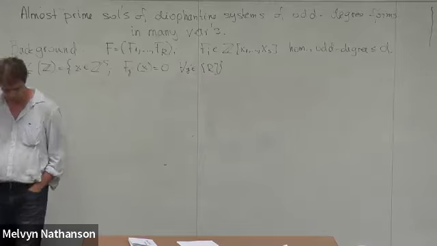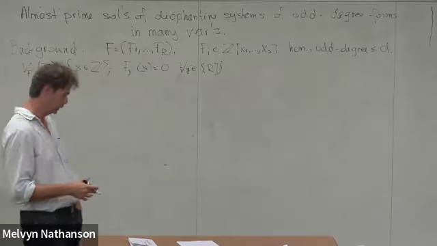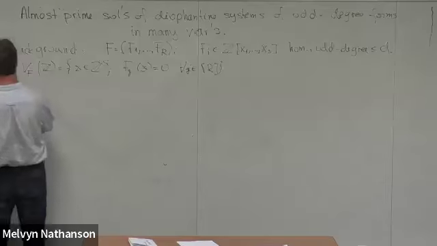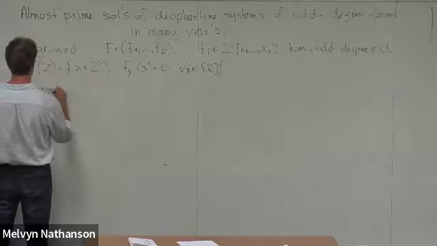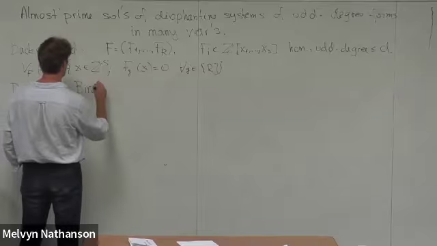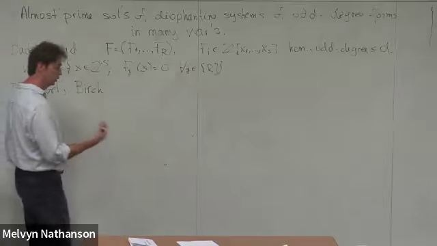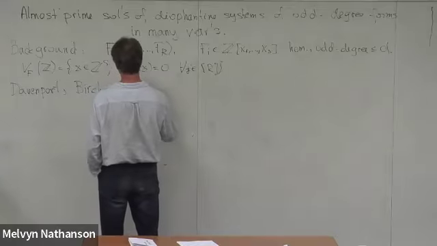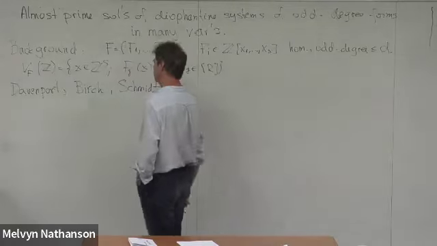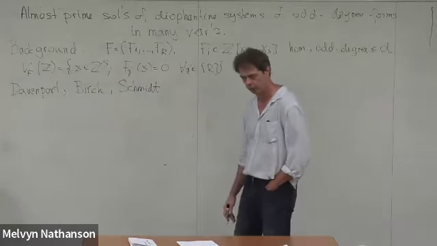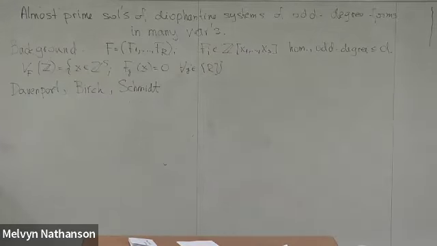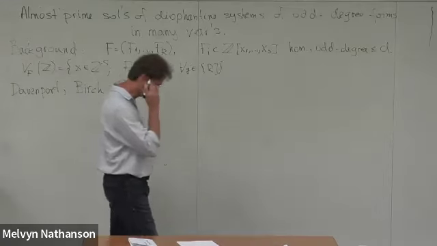So it was shown, and there were a number of results, namely Birch or Davenport for D equals 3 for a single form, then Birch for a general system, and then essentially strengthened by Schmidt, which says that without any additional assumption, if the number of variables is sufficiently large with respect to the degree and number of equations, there exists a non-trivial integer solution.